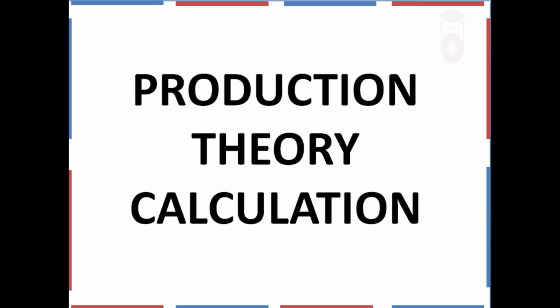So for production theory, just a very brief recap on what production theory is. I started with saying production theory is the opposite of consumer theory. Consumer theory is for consumers, production theory is for producers. I remember I started the whole topic saying that different markets have different players, and each player has their own interests.